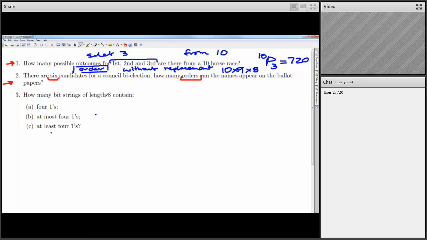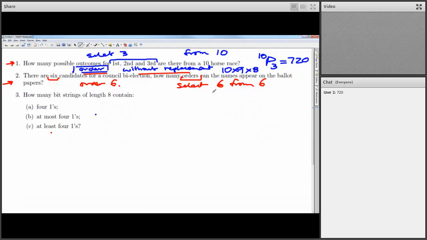So you can do it a few different ways. I just really want to order 6 things, and you can just do it that approach. Another way is I really want to pick 6 from 6, and again I want to have an order, and I don't really want to replace anyone. No one's going to be twice.